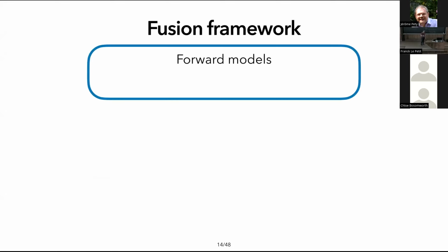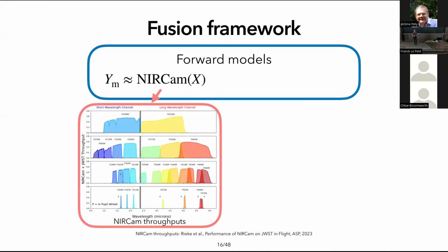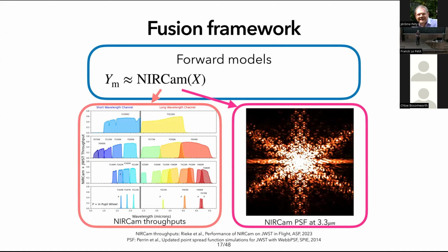Starting with the framework, we first model our two instruments. For NIRCam, it's a simple model with two things. First, the throughput of the instrument, which is based on in-flight measurements that were realized in 2023. And then the point spread function of this instrument.